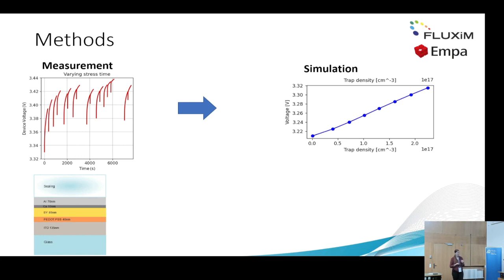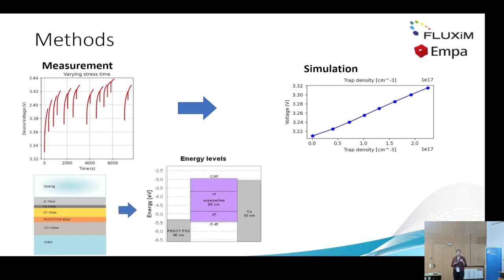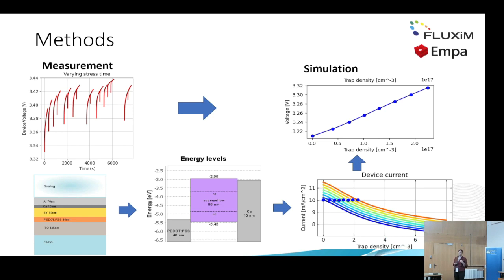We decided to take our stack and make a very simple electric stack consisting of just the PEDOT layer, the Super Yellow layer, and the calcium layer, and do drift diffusion simulation to get to the number we want to extract. But drift diffusion is usually based on constant voltage experiments or simulations and not on constant current.